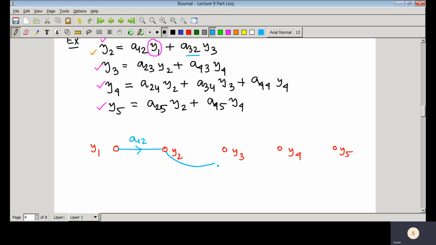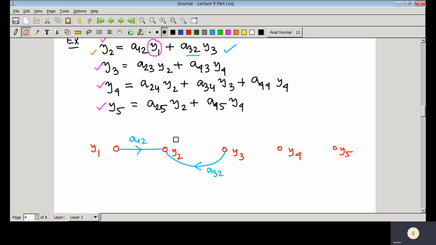So another term is here, signal is flowing along that direction, that is A32. So Y2 equal to A12 into Y1 and A32 into Y3. That means the first algebraic equation is represented in the signal flow graph.